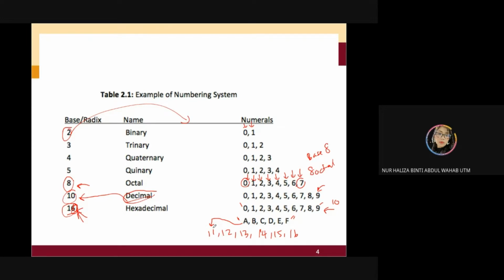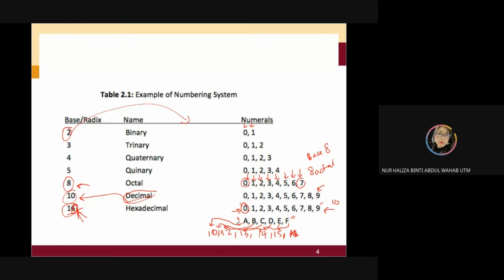So the value goes until 15, because you also have the value 0.